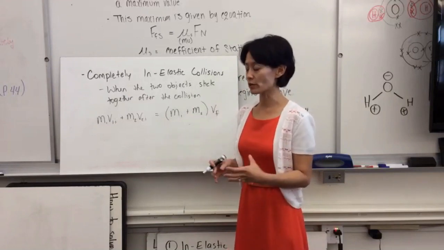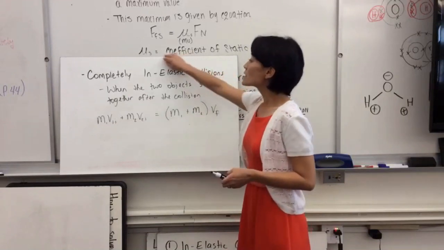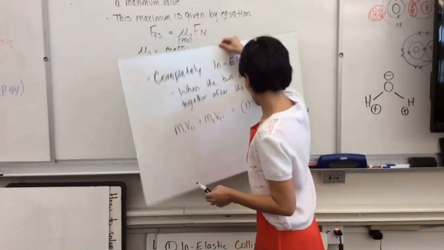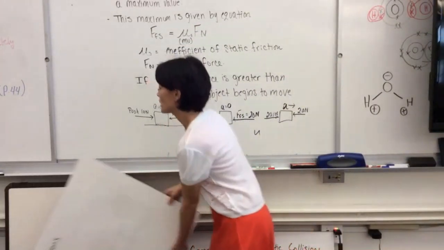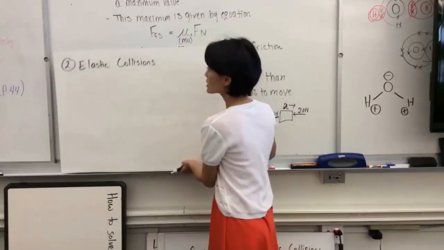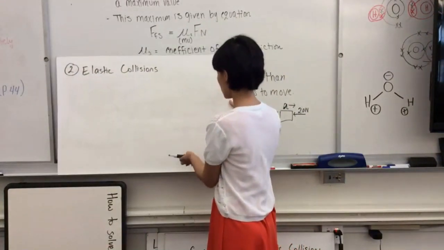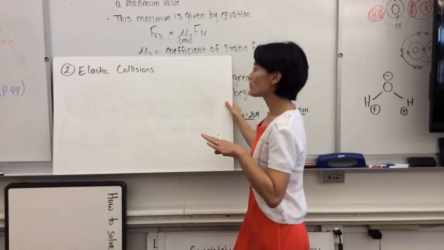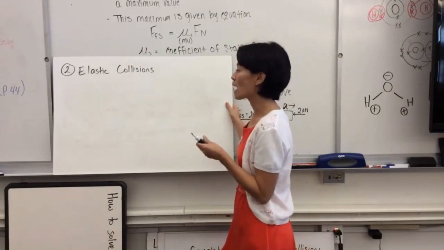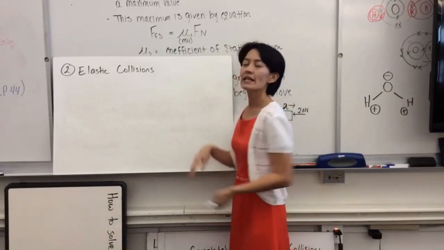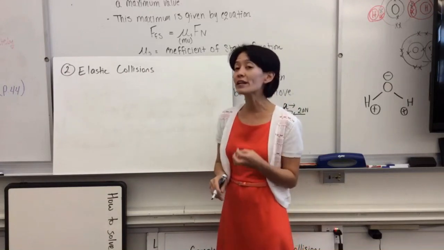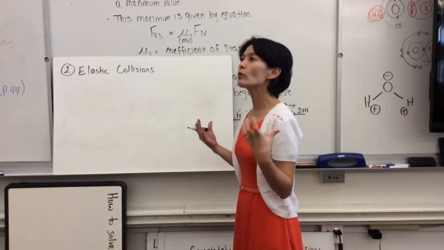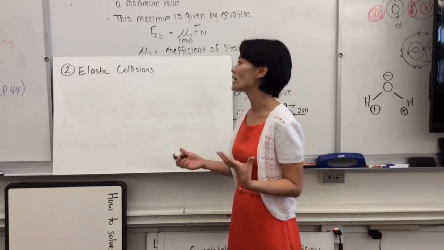They stick together afterwards. The second type of collision that we can look at is what's called an elastic collision. And elastic collisions are very specialized problems. In fact, they happen here in whiteboard land, they happen in your textbook, they happen at the atomic level. But in the real world, these don't happen unless we help make them happen.